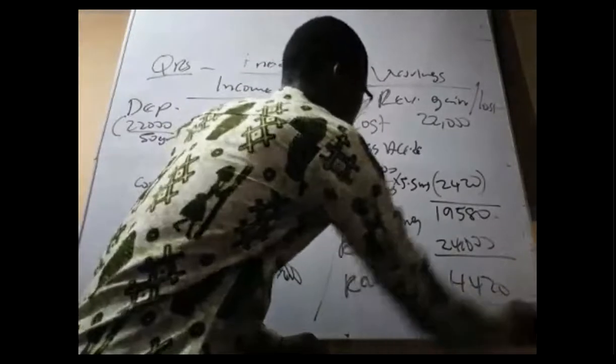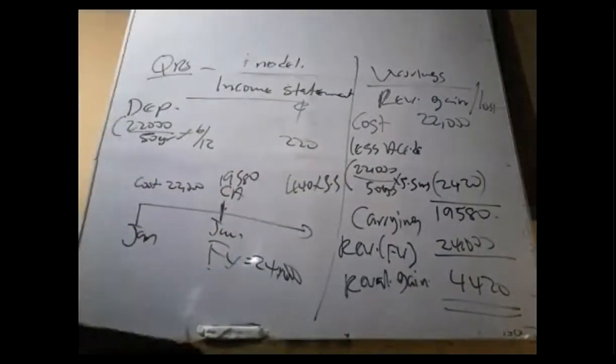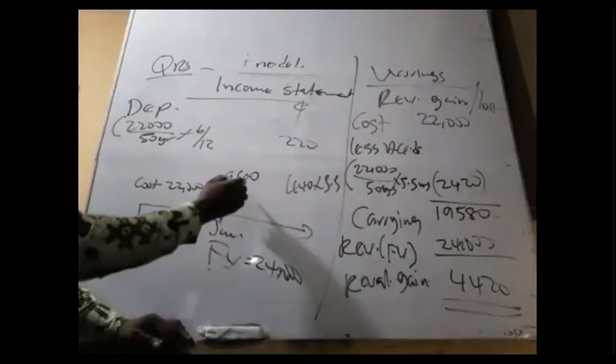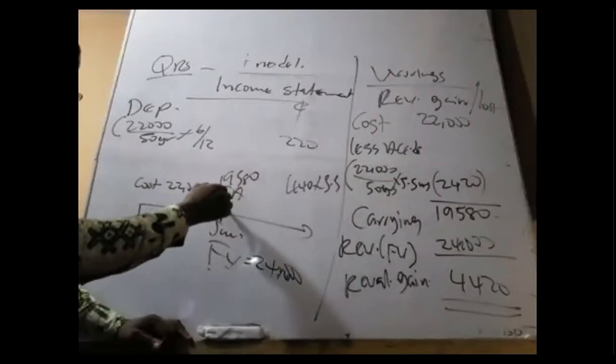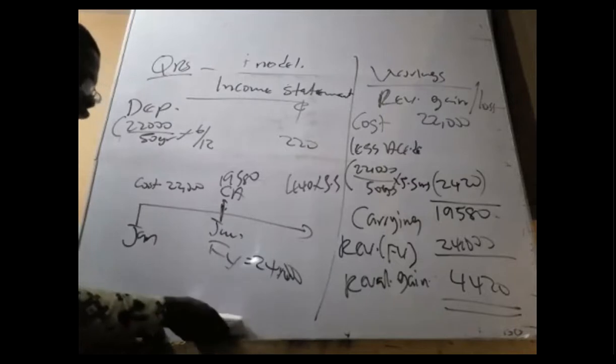Perfect. We are done. That's the revaluation gain of 4,420. So after the gain, we have fully moved the building to what? Investment property. So that's the revaluation gain. We are done.